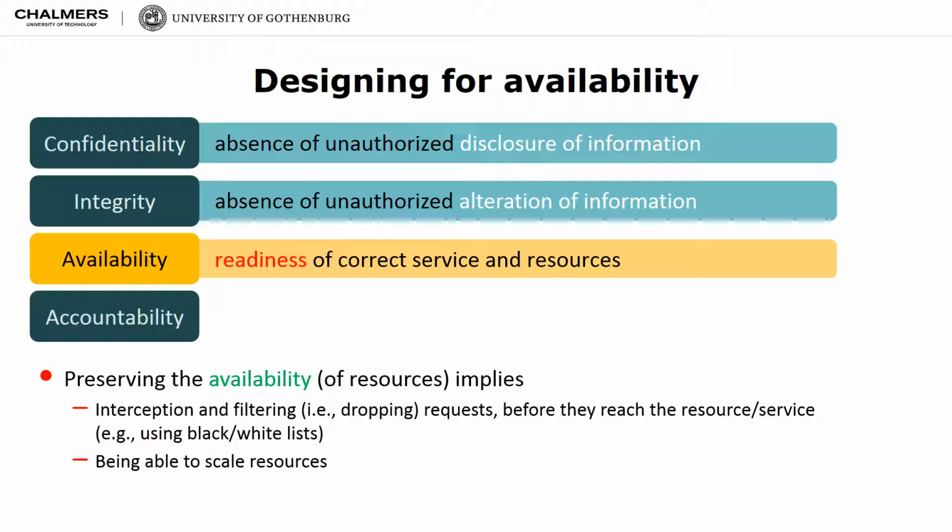And in order to do that, often black and white lists are used. That is, for instance, lists of IP addresses that are explicitly denied access. Those are the black lists, or that are explicitly allowed access. Those are the white lists. And of course, there must be also a way to scale resources and to balance the load.